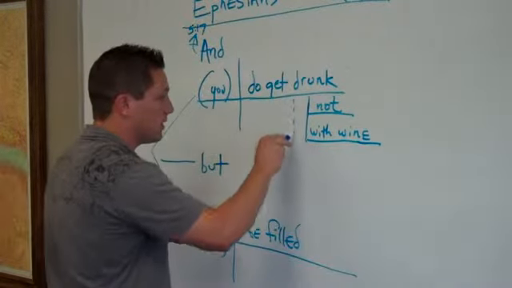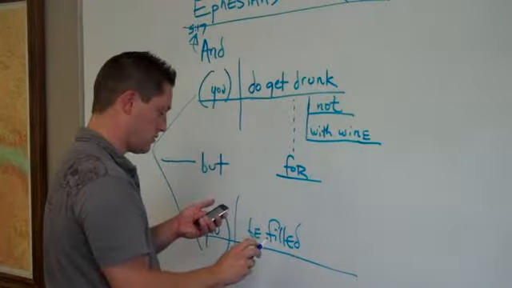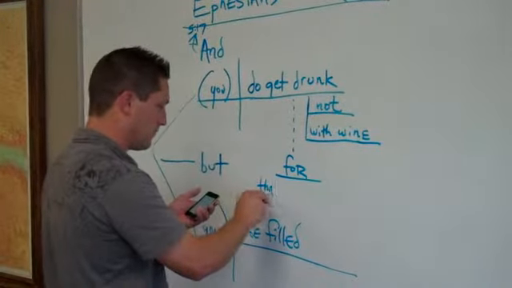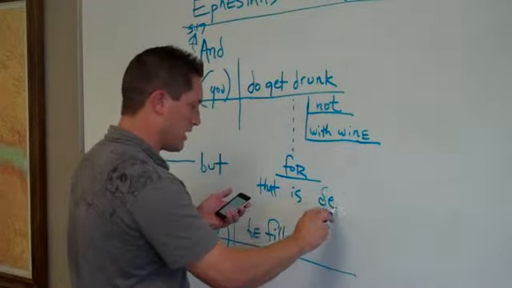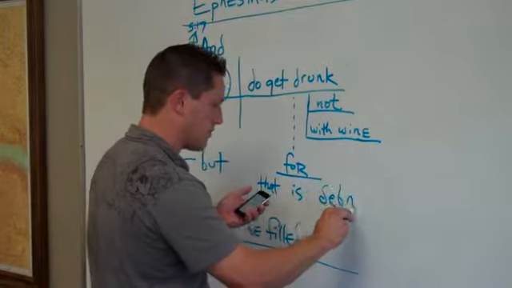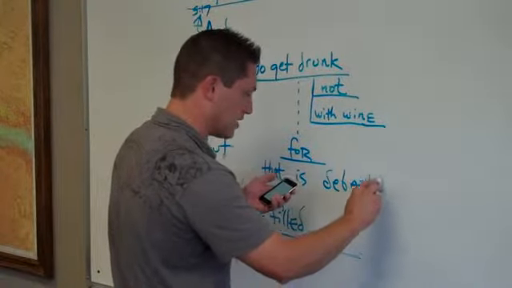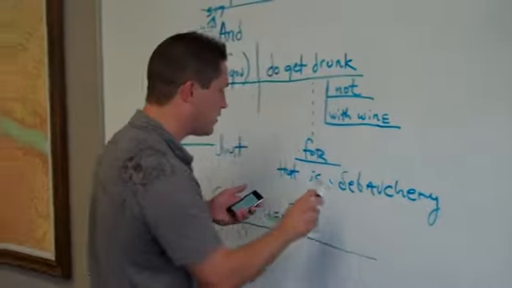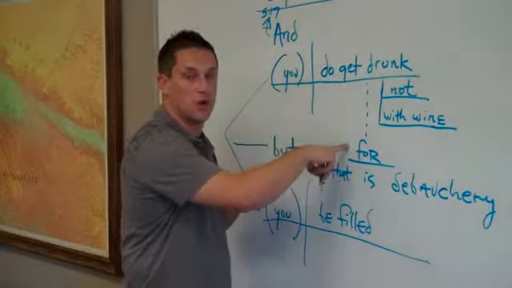Coming down from here, where he explains, for that is, and he uses a word that in English maybe we don't use as much today, but here in the ESV is debauchery. Okay? You can see here that this conjunction is tied back to the verb.